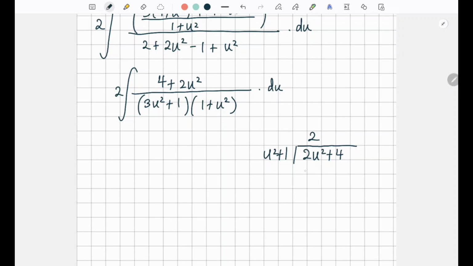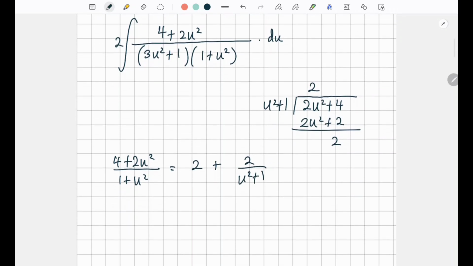So 2 into u squared is 2u squared. 2 into 1 is 2. And the remainder is going to be 2. So therefore you can write 4 plus 2u squared over 1 plus u squared as 2 plus 2 over u squared plus 1.